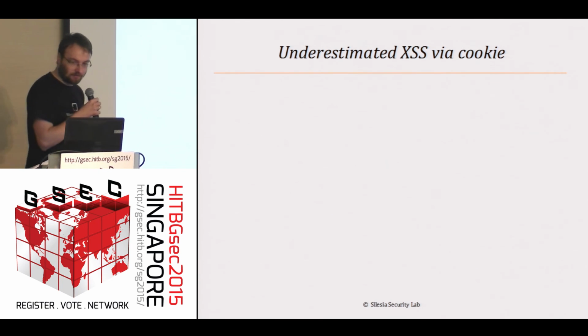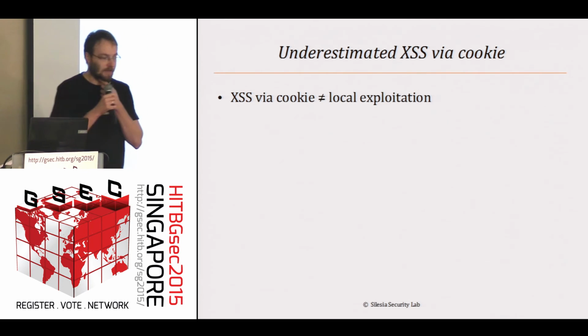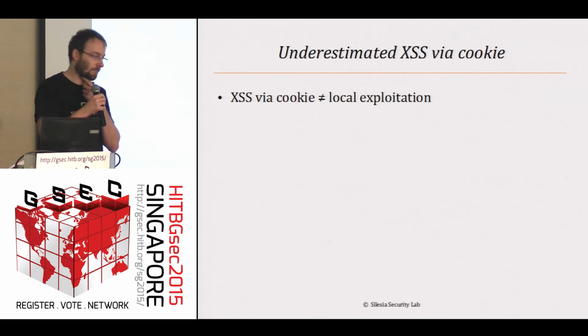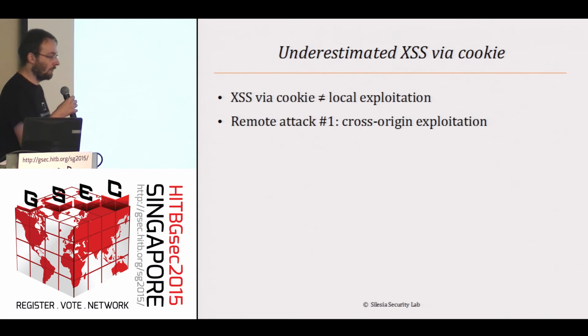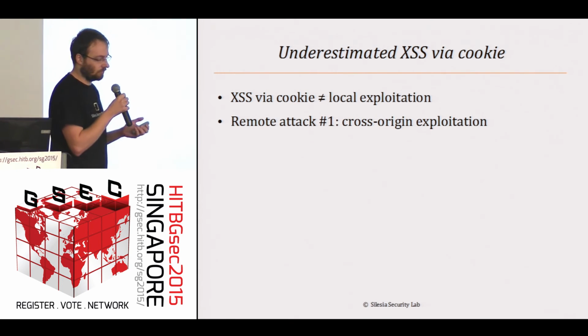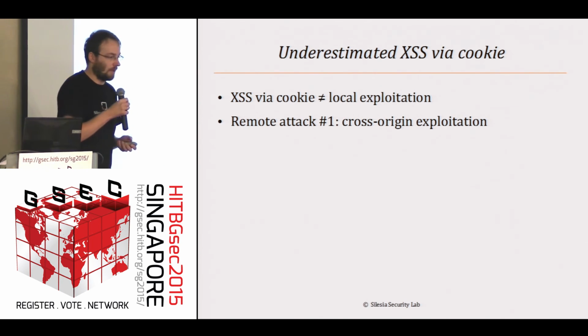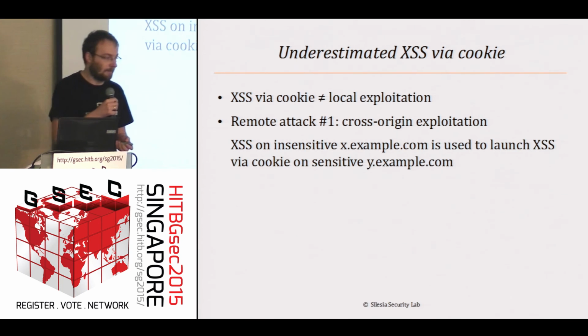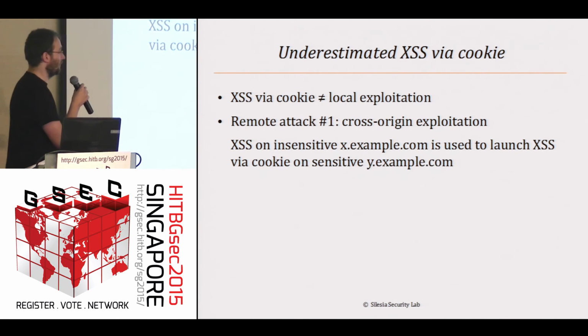So now, underestimated XSS via cookie, very often this is associated with local exploitation. But this is absolutely not true, because I will present you 3 remote attack scenarios just to show that this is not true, and this is what I would like you to keep in mind. So now assume a similar example, but a bit different.